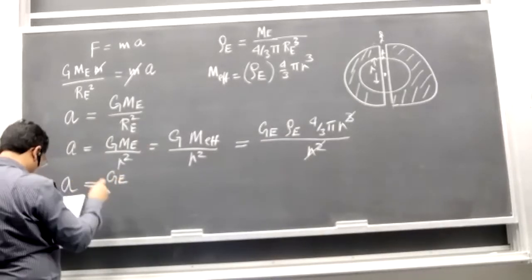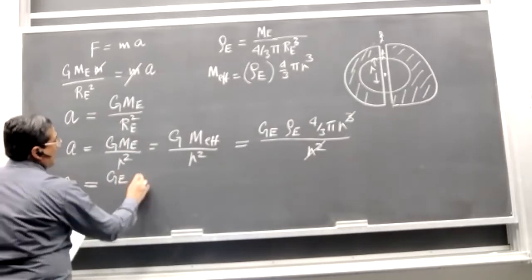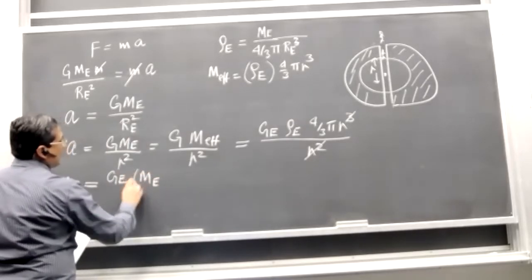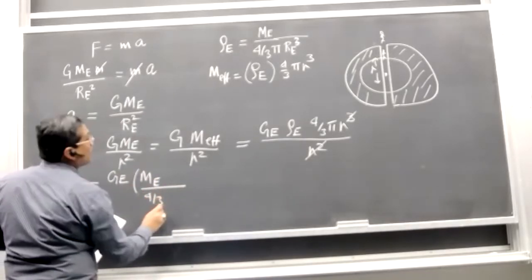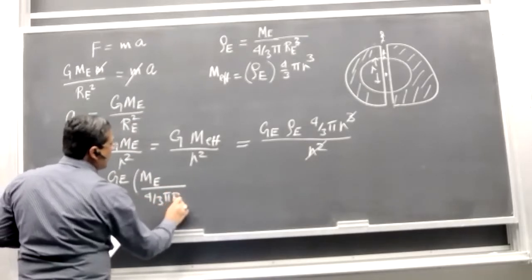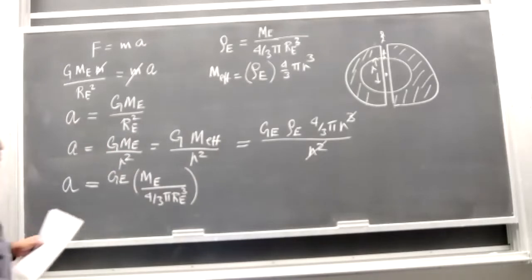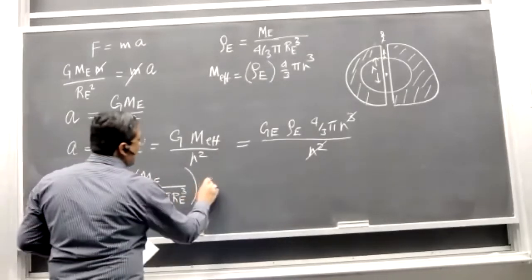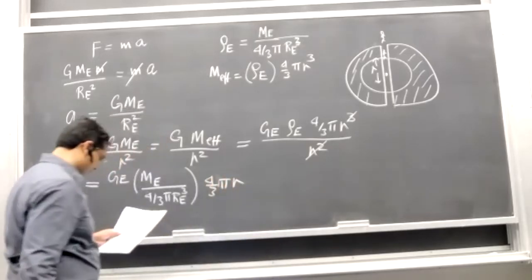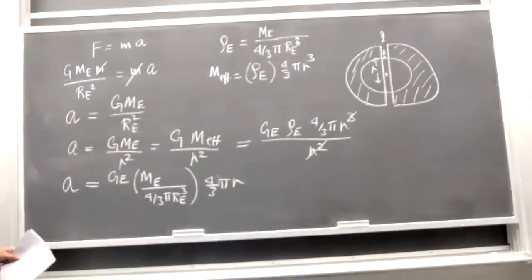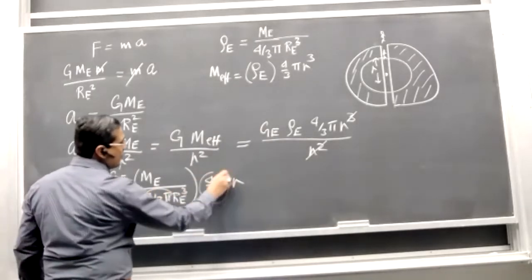G_E M_E over 4 by 3 pi R_E cubed times four by 3 pi R. So this cancels, 4 by 3 pi R here and here cancel.